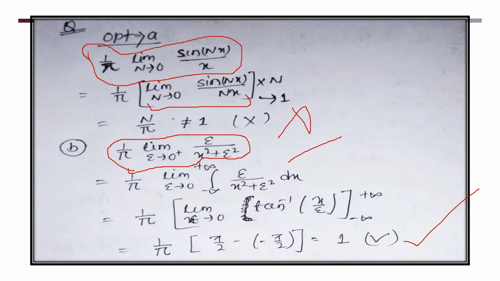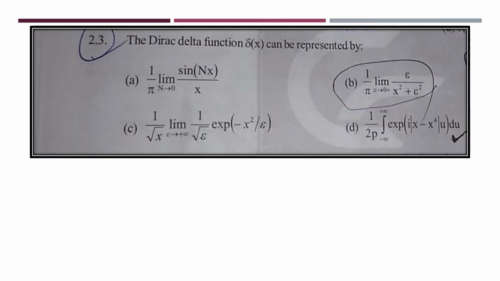And what about the other two options? Let us see. One of them is showing the Gaussian function, so it will be integrated by using the gamma function. By using the gamma function, this will give some value other than 1, so it will be discarded.